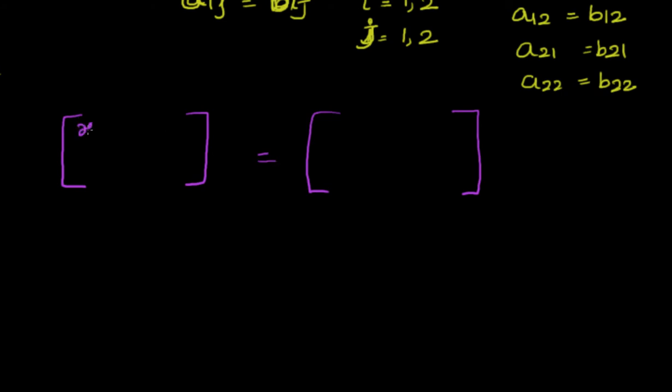Let us say this is x minus 3, 2y minus 8, z plus 2, 6. This is equal to 5, 2, minus 2 and a minus 4.